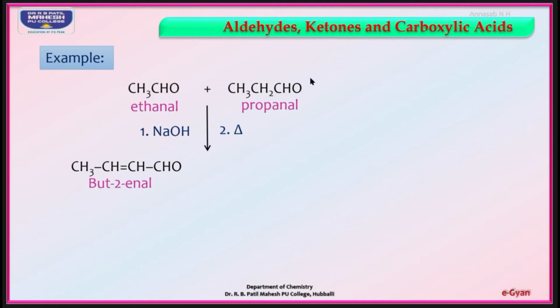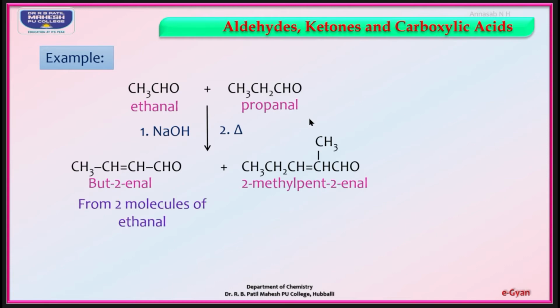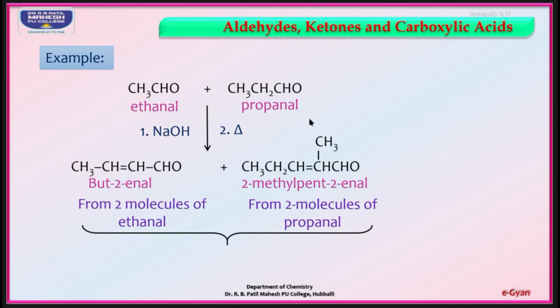If the reaction takes place only for propanal molecules, then it gives the product 2-methyl pent-2-enal. So the first product is formed if the two molecules are ethanal, and the second product is formed if the two molecules which are reacting are propanal. And such type of reaction is known as simple or self-aldol products.